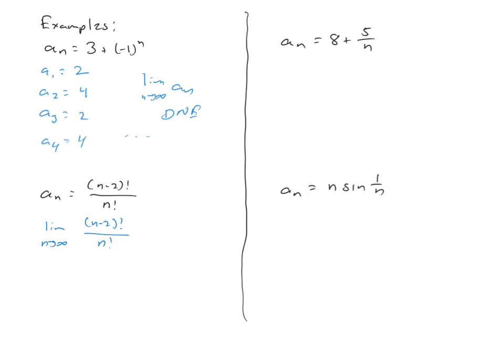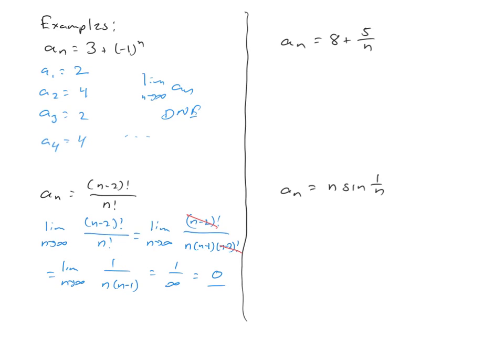In this case, n is bigger than n minus 2. So this is going to equal the limit as n approaches infinity of n minus 2 factorial over n times n minus 1 times n minus 2 factorial, in which case these drop off. And so that will equal the limit as n approaches infinity of 1 over n times n minus 1, which is going to be 1 over infinity, and that's going to end up equaling 0.